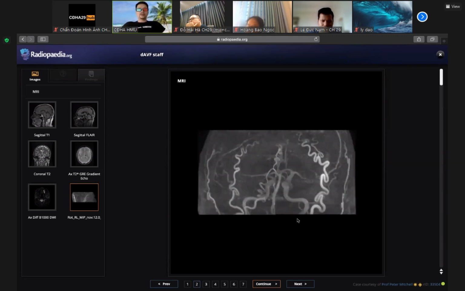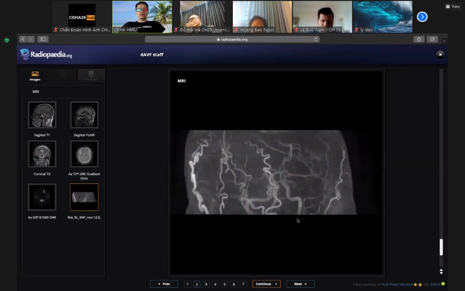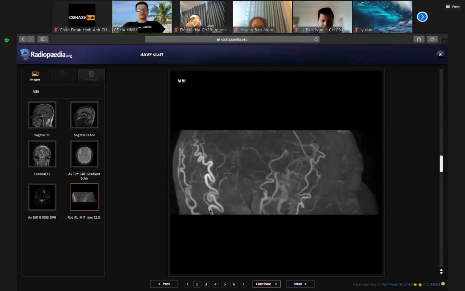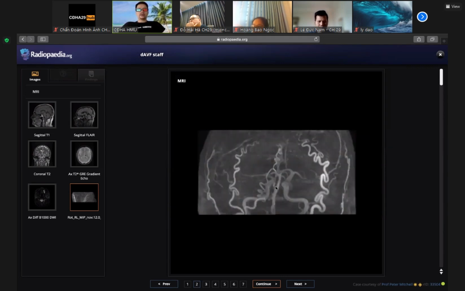Okay, you can see that. Normally on top we don't see the branch from the ECA, and in this case you can see that there are several dilated arterial branches from bilateral ECA.